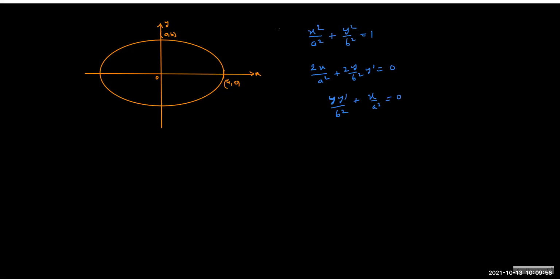Okay, so now you can differentiate once more. That's a tricky one. So y by b square we can take common, and y dash will be y double dash, plus y dash by b square common, and then you will get y dash again the second time, and this becomes 1 by a square.